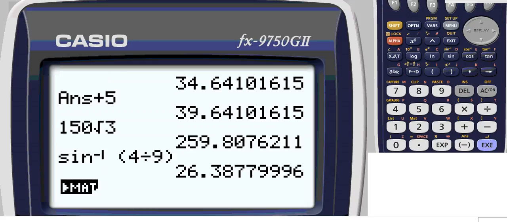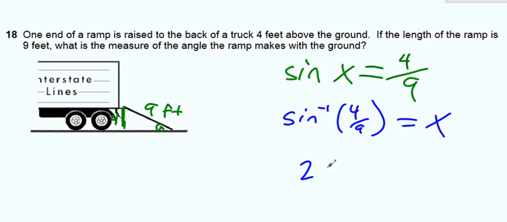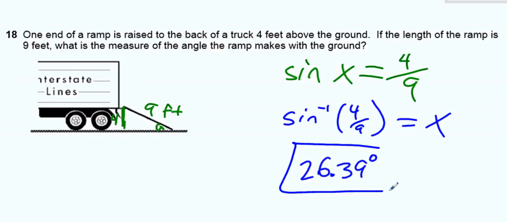So our angle is 26.39 degrees. It's the measure of the angle. 26.39, you could round that if it told you what to round to. Otherwise, it doesn't really matter.